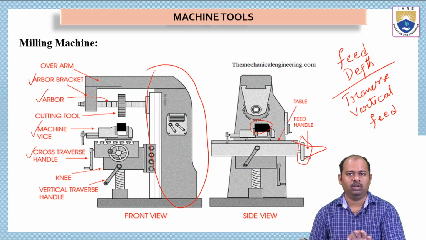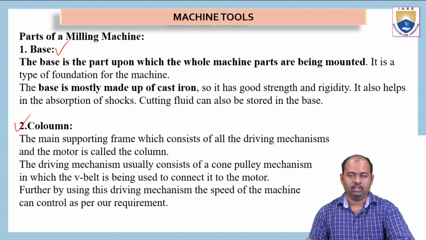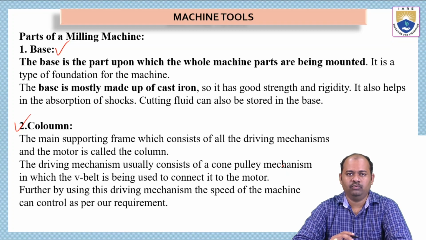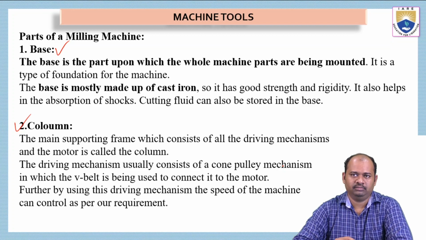The driving mechanism usually consists of a cone pulley mechanism, in which a V belt is used to connect it to the motor. So in the milling machine, we have a cone V belt pulley arrangement. We have a cone pulley on which a V belt is attached.